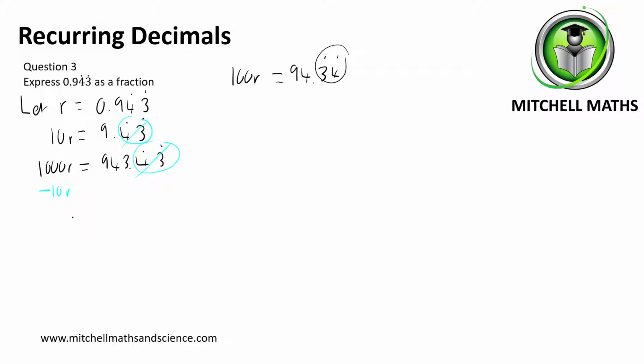So what that gets me is I get 990r equals, well, 943 take away 9 is 934. Then I need to divide by 990 in order to find out what r is.